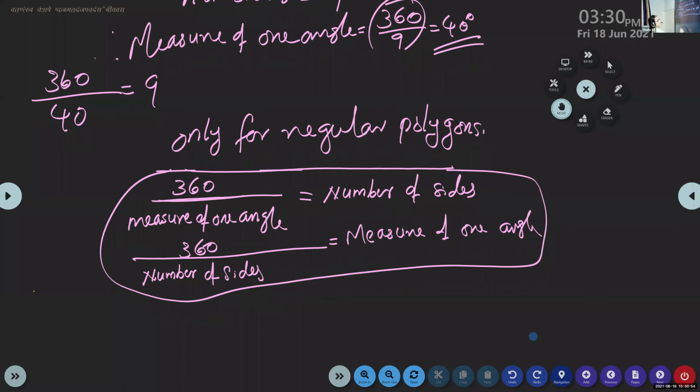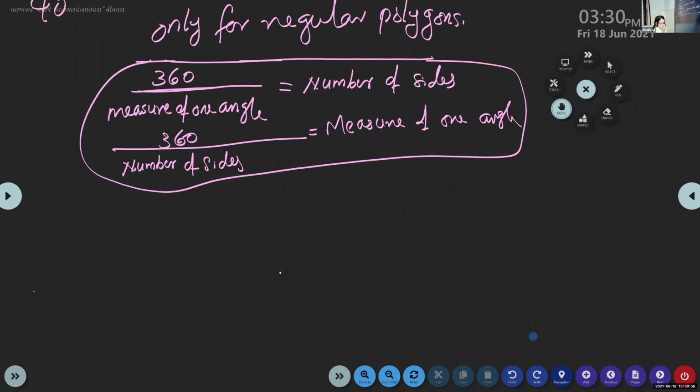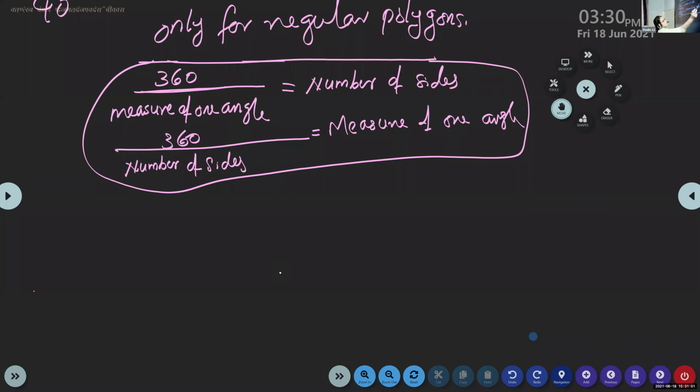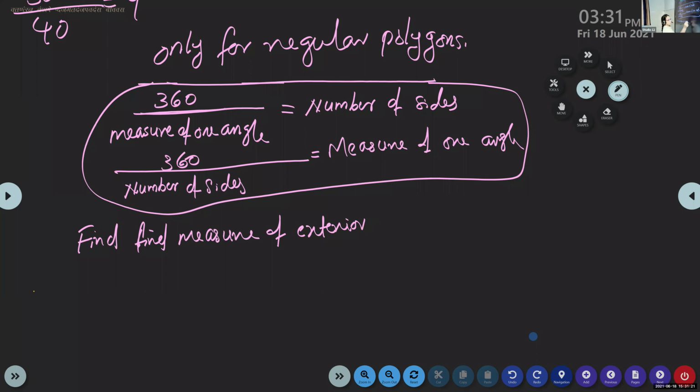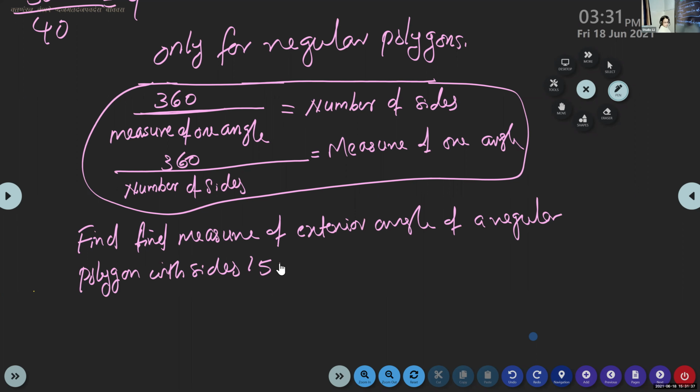So I'm giving a question. Find the measure of one exterior angle of a regular polygon with sides 15.